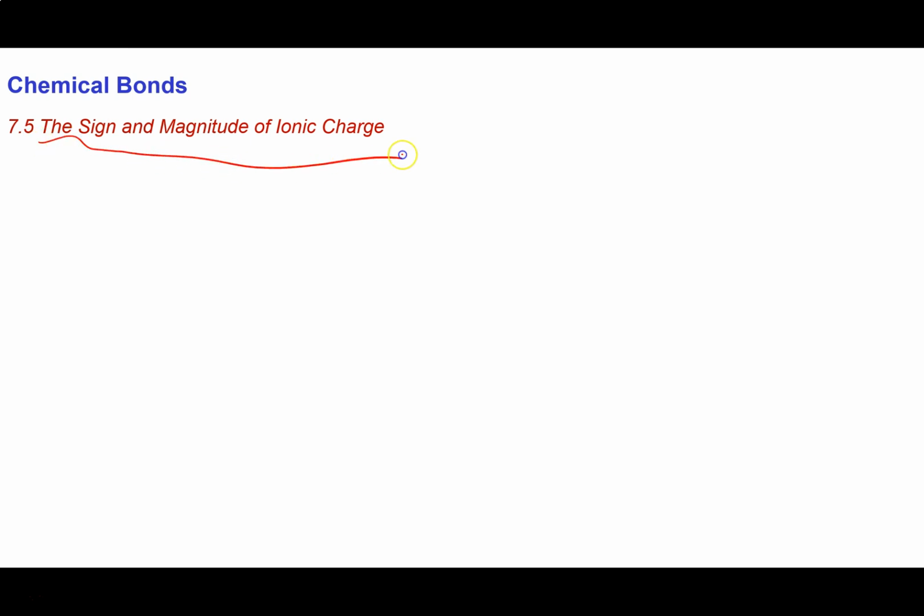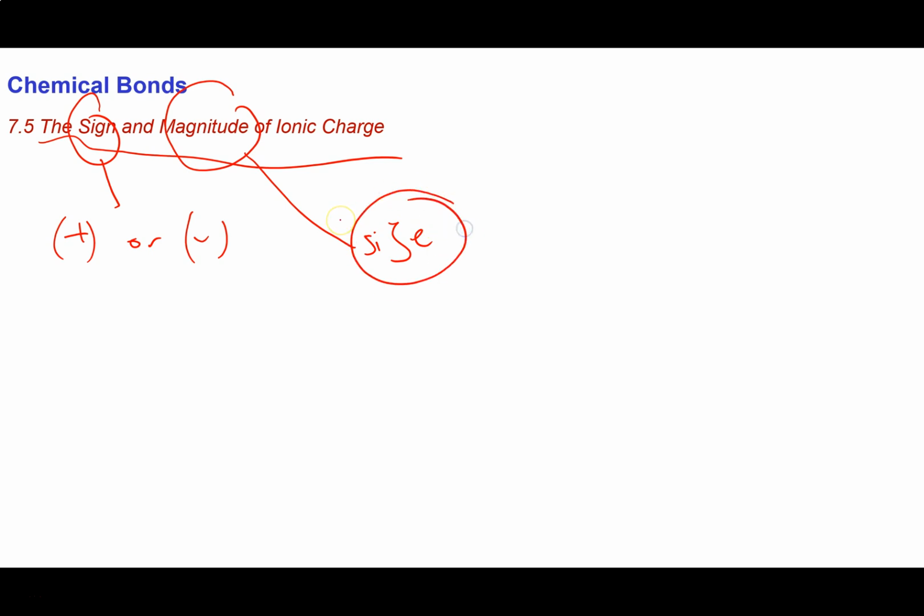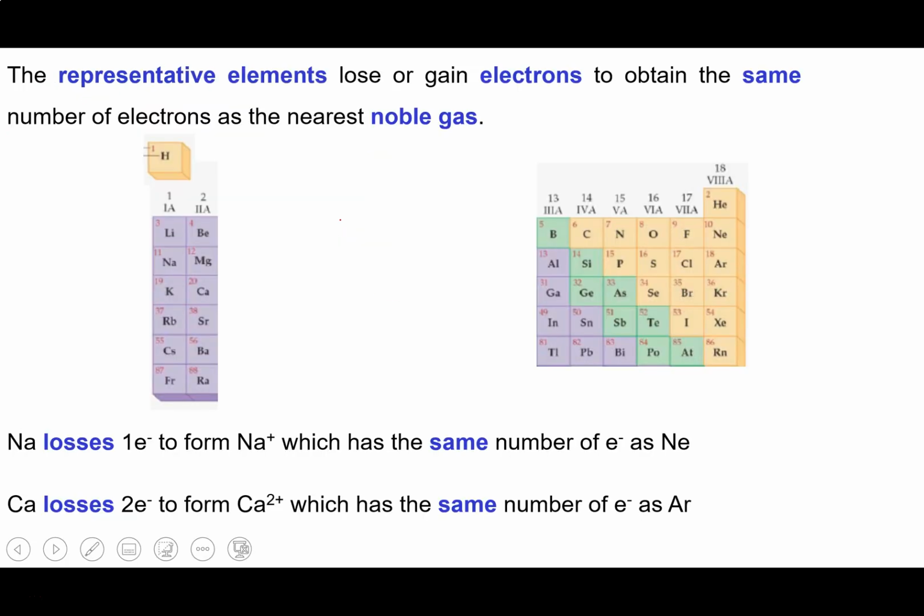Okay, so one last section in this video is discussing the sign and magnitude of ionic charge. What we mean here by the sign: there are only two options, it's either positive or negative, and magnitude is just another word for size. So the representative elements will lose or gain enough electrons to obtain the same number of electrons as the nearest noble gas.